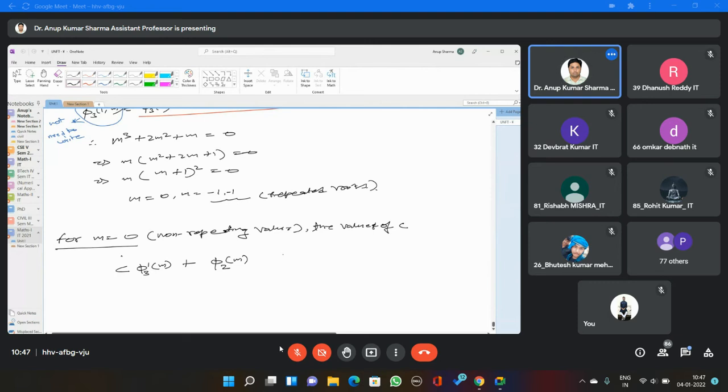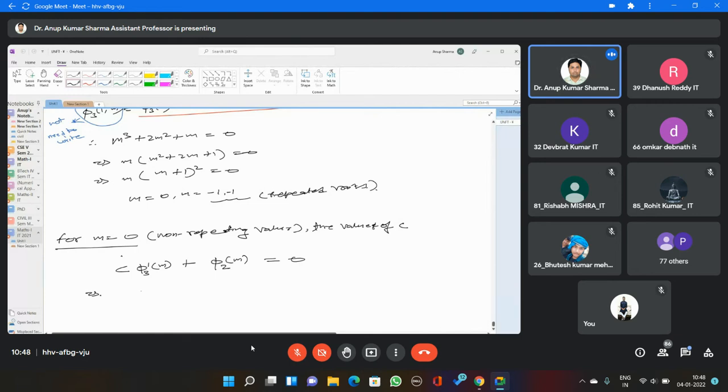Phi 2. In the constant terms, up to the constant, equal to 0.